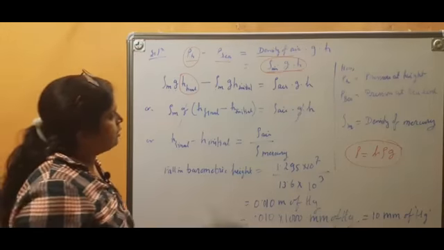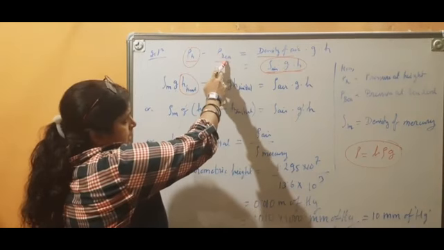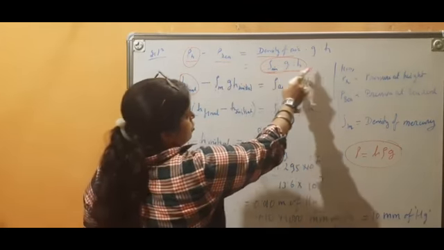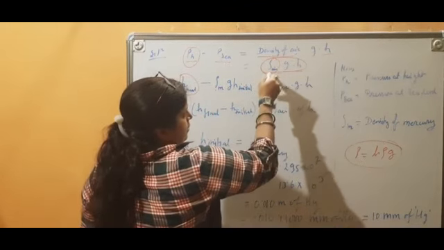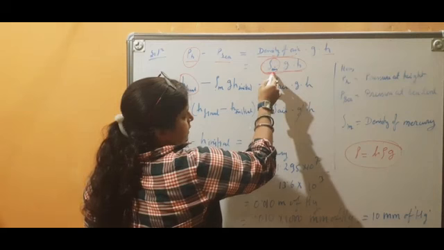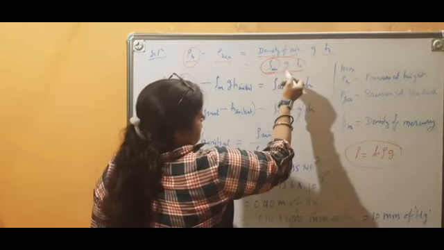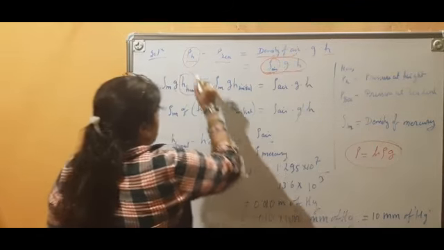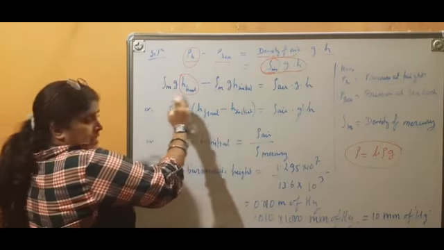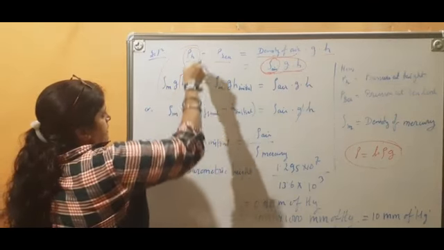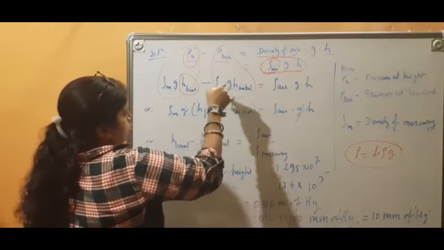So let's see how we will solve the sum. I have written pressure at height minus pressure at sea level is equal to h rho g. Here rho is the density of air, that's why I have written rho with air at the base, and it is also mentioned in the statement, and g is acceleration due to gravity, and h is height. Now instead of writing P_h, pressure at height, I have written h rho g, the same formula. For P at sea level also I have written h rho g.